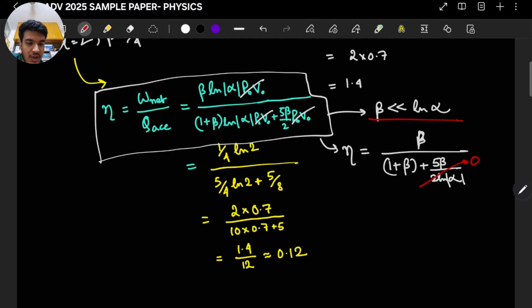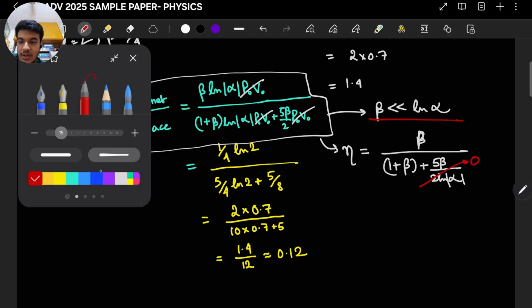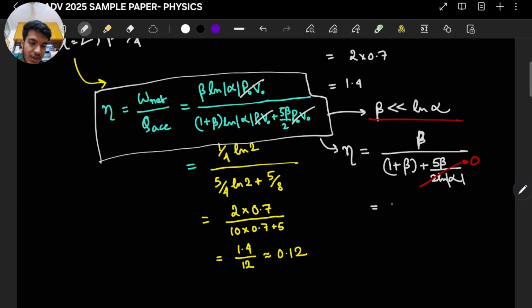So my efficiency turns out to be beta by 1 plus beta.